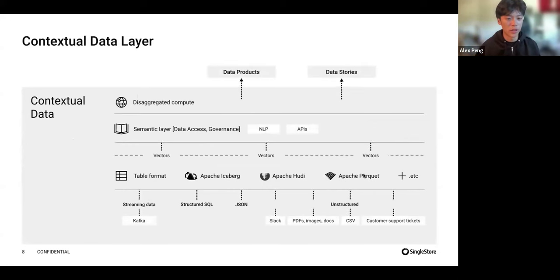Zooming in a little bit more into what your contextual data layer is, and speeding past this, as I'm sure all of us want to get to the code and the meat of the webinar here today as quickly as possible. Your contextual data layer, depending on your needs, is going to support a semantic layer, which provides your data access policy and governance. It governs the APIs that serve your vector search, right?